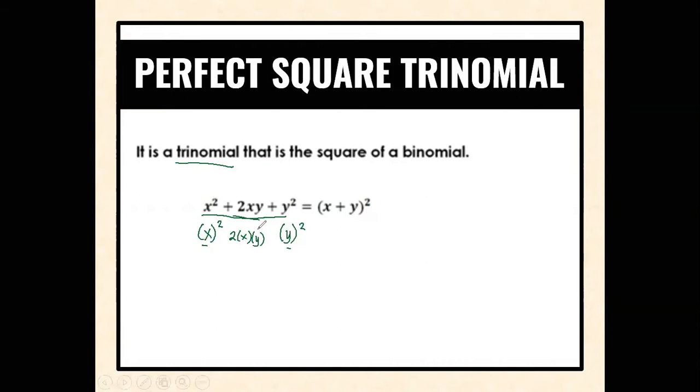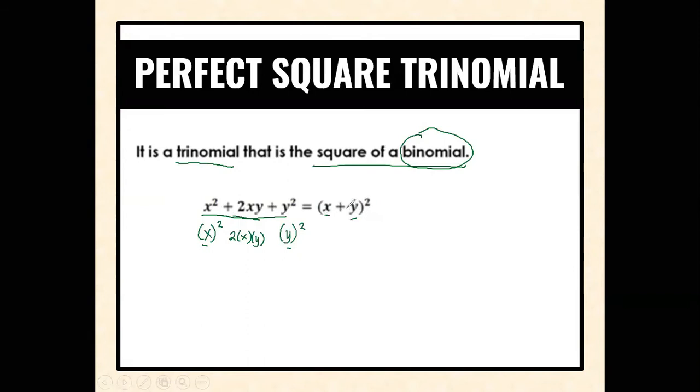And to factor a perfect square trinomial, that is based on the definition here that it is just the square of a binomial. So where do we get this binomial? We will form the binomial by getting the square root of the first term, so that is x, and the square root of your last term, which is y.